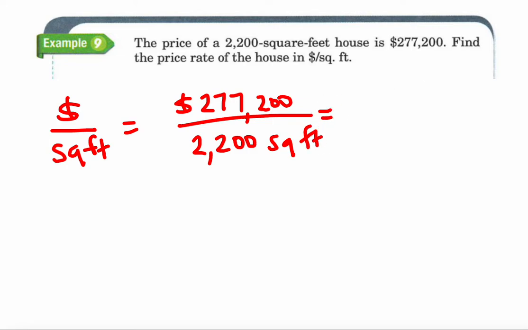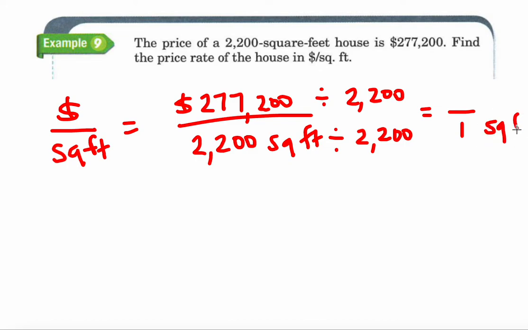Then at the end, you'd be able to figure out the cost per 1 square foot. We're going to divide top and bottom by 2,200 because we want to know how much it's going to cost per 1. 2,200 divided by 2,200 is 1 square foot.